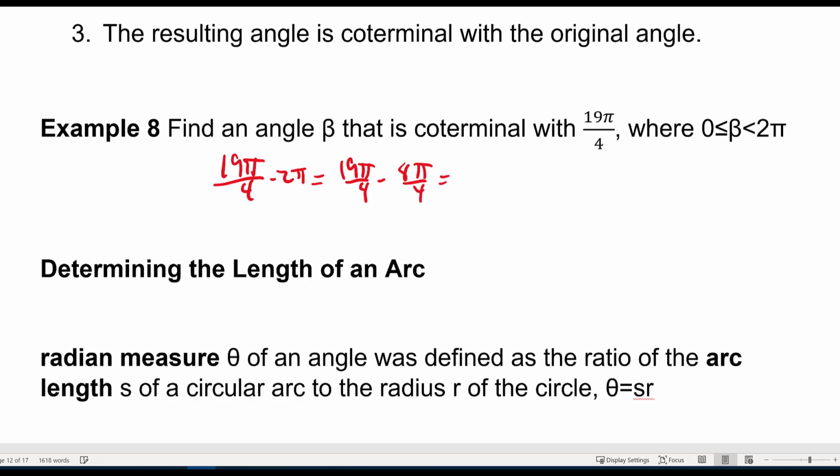That gives me 11 pi over 4. But that's still bigger than 2 pi, since 8 pi over 4 is 2 pi. So 11 pi over 4 minus 8 pi over 4 gives me 3 pi over 4. And that's going to work. That's the coterminal angle.